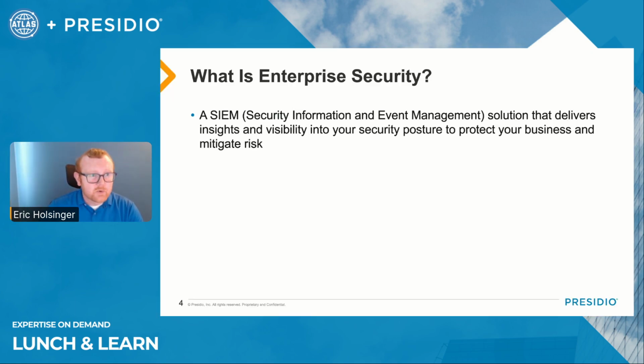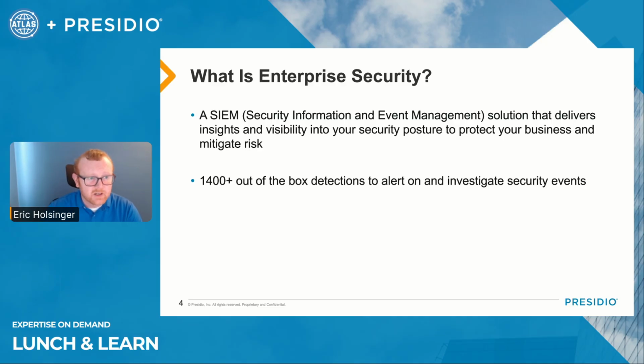So if we go ahead and hop forward here, what is enterprise security? It is a SIEM, a security information and event management tool, a solution that delivers insights and visibility into your security posture to protect your business and mitigate risk. There's over 1,400 out-of-the-box detections, which we will cover in just a minute, to alert on and investigate security events.